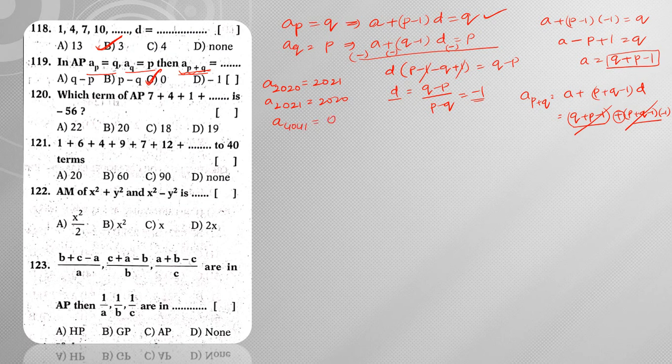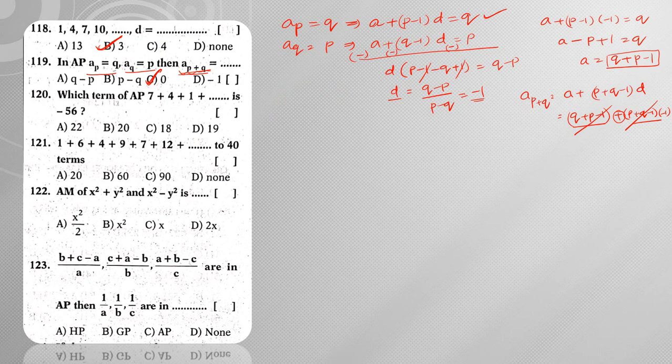It is equal to 0. Otherwise you can change this question. Instead of 2020 you can take 1020, 1021, then you will get 2000. So the answer will be 0, right? Here also we need to have a change. Likewise he will be giving numerically, and then you can directly apply this formula.